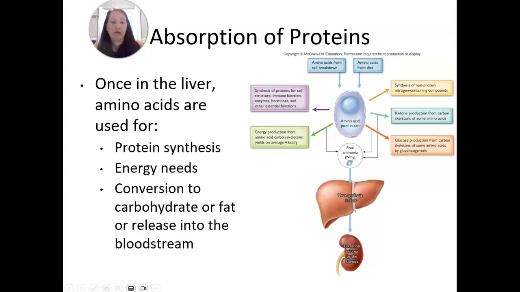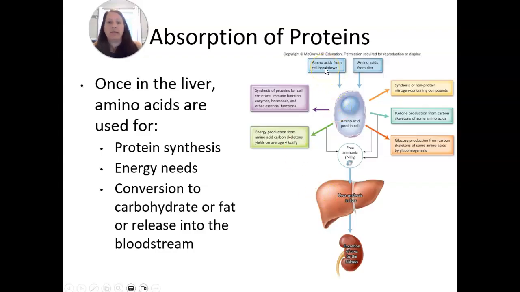They can also be converted, if they're in excess, to carbohydrates or fats. And again, in this case, the amino group would come off and we would end up excreting ammonia in our urine. Okay, that happens normally, naturally. And again, lastly, they could be released into the bloodstream to be used by all of the cells in your body.